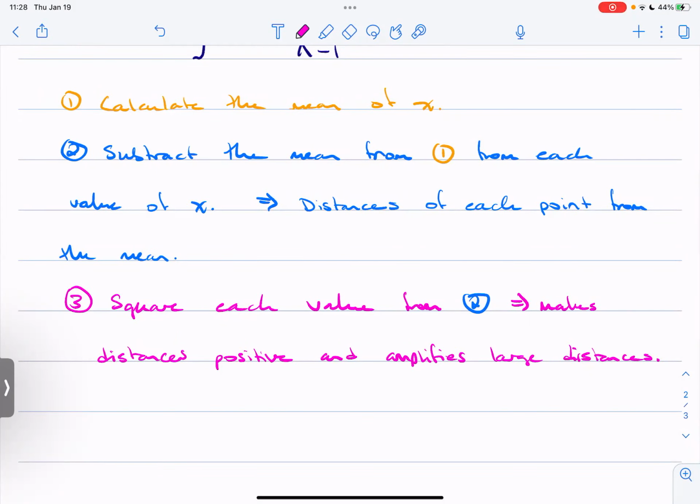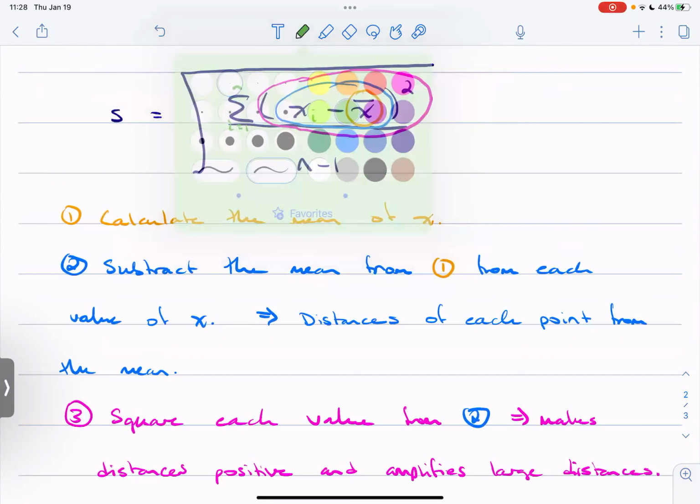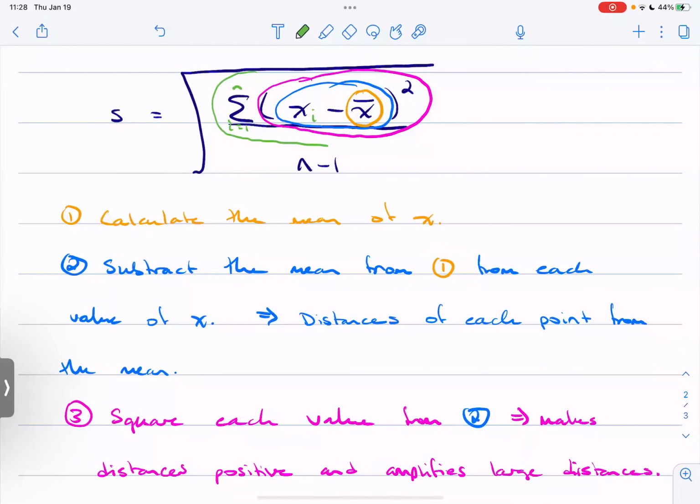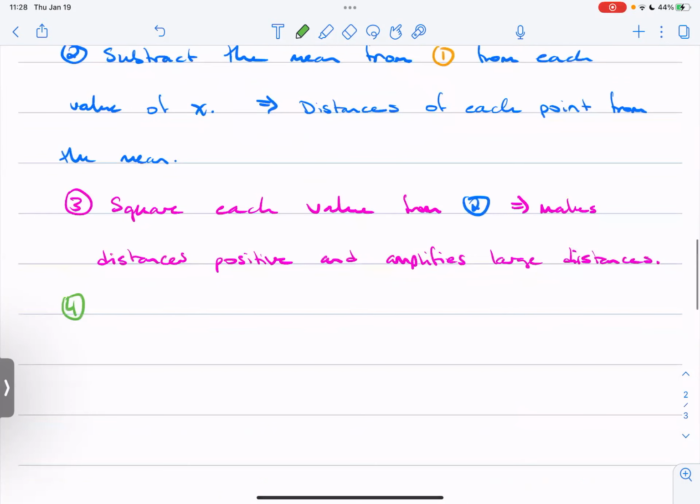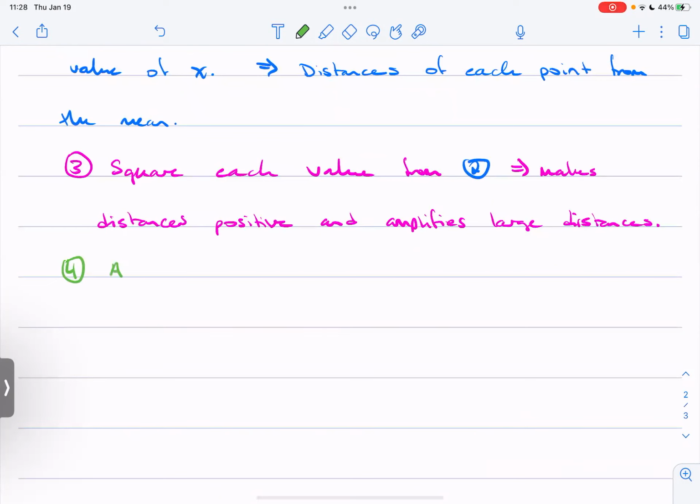Okay, now we're ready for that sum. Notice how you just start in the middle and then work your way out like an onion. You have to find the middle and then work your way out. So step 4, I guess, is add up or sum all the values from step 3.